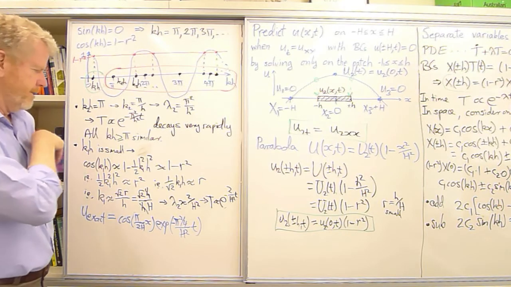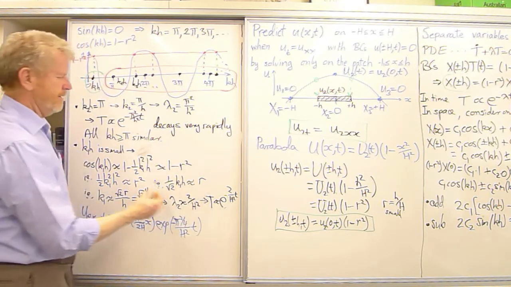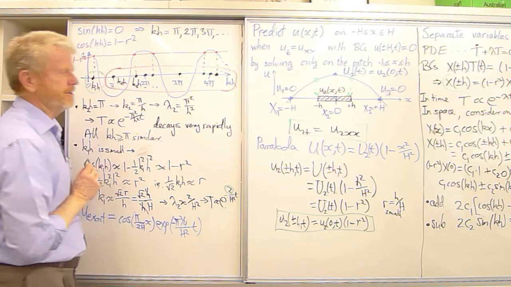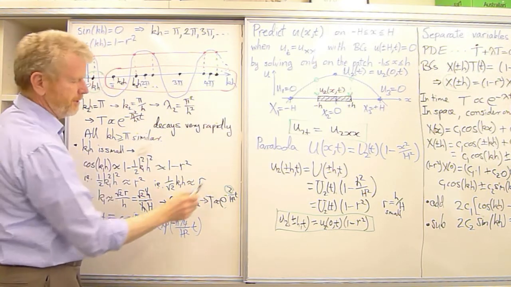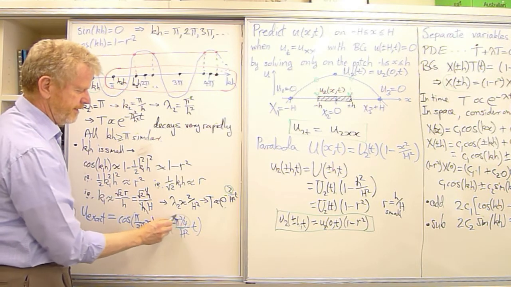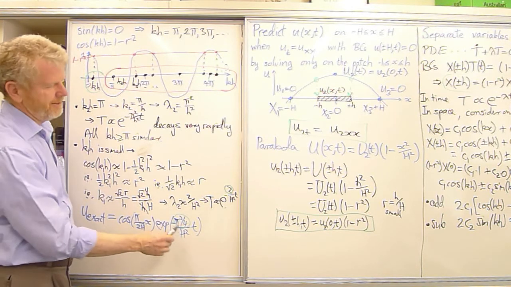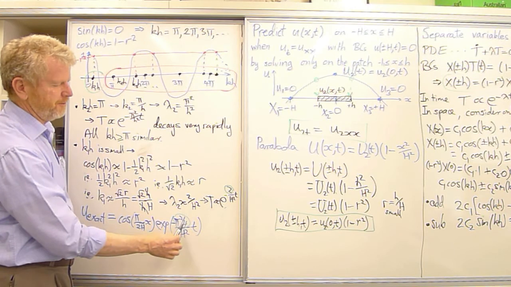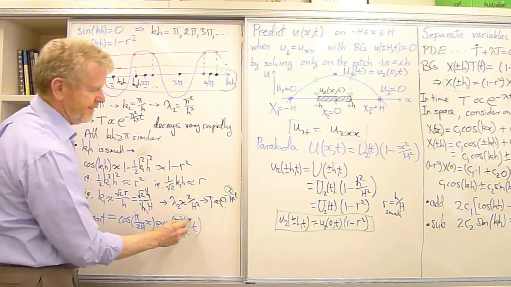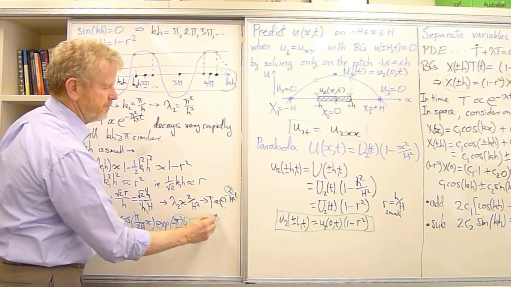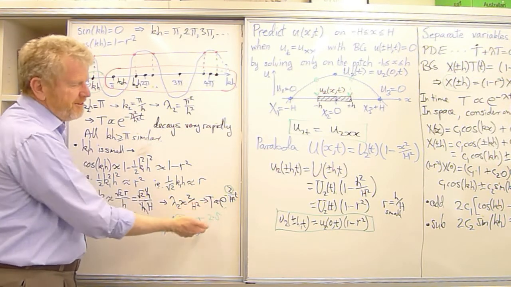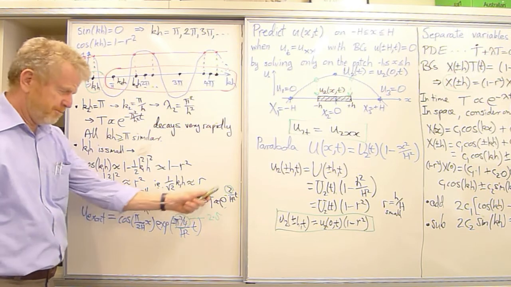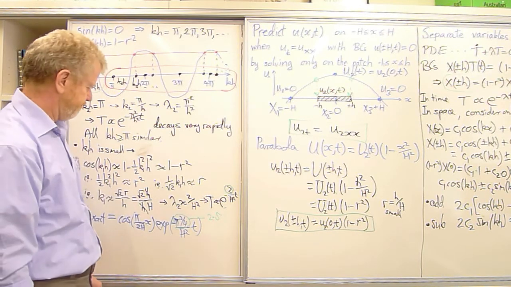So what we've got here is that in the patch scheme we've got a decay of that mode with a decay rate 2 over H squared, whereas the exact solution is decay with pi squared on 4 divided by H squared. And since pi squared on 4 is approximately 2.5, that too is a reasonable approximation to 2.5.